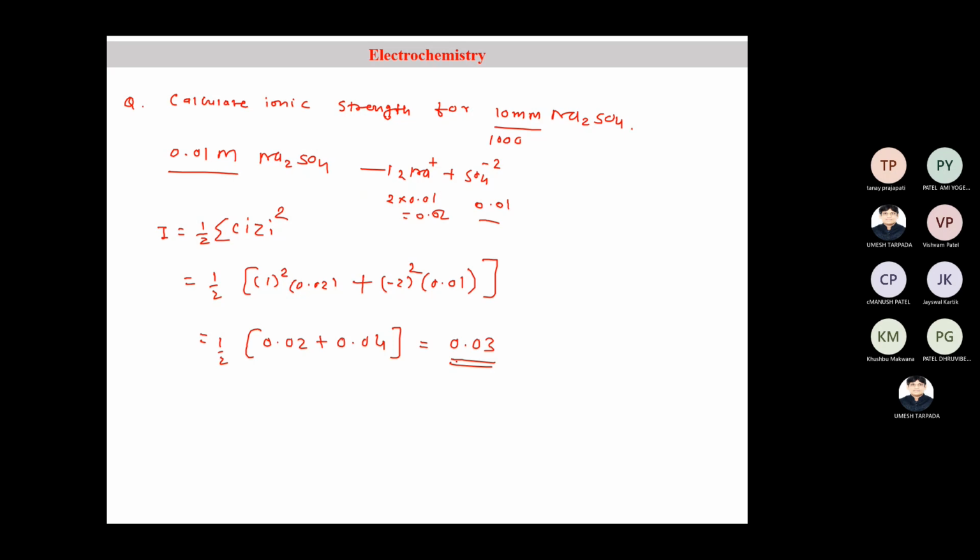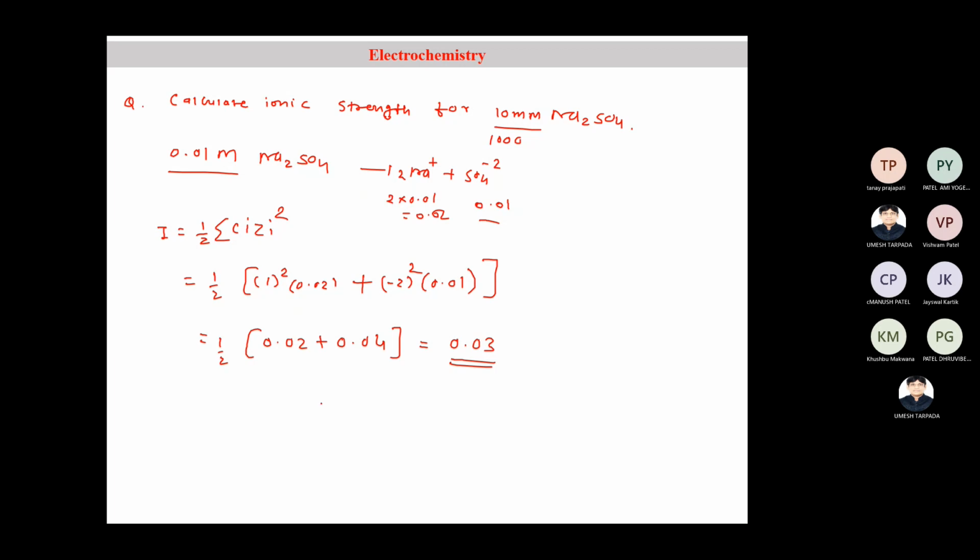Examples related to ionic strength calculation can be asked. And the Debye law is very important, where the value of A is 0.509, or you can say 0.51, at 298 Kelvin temperature.